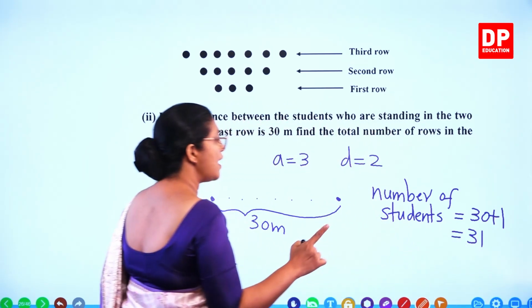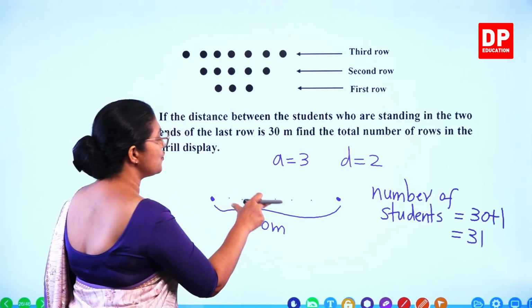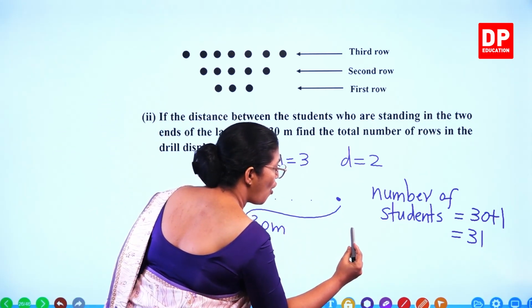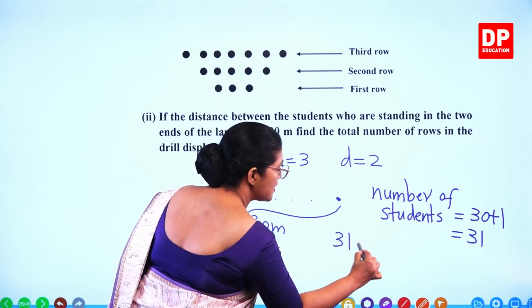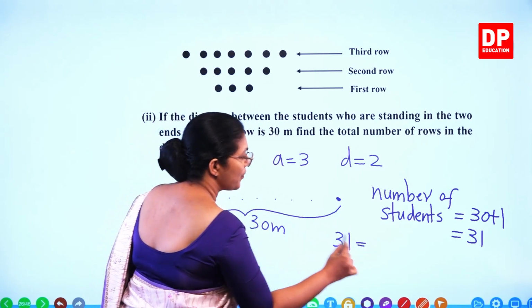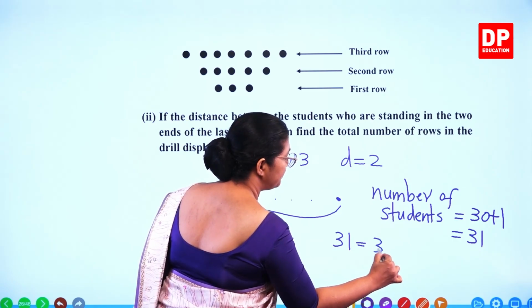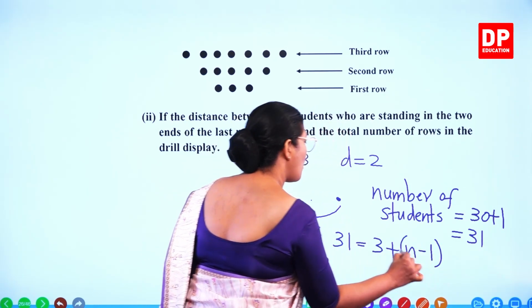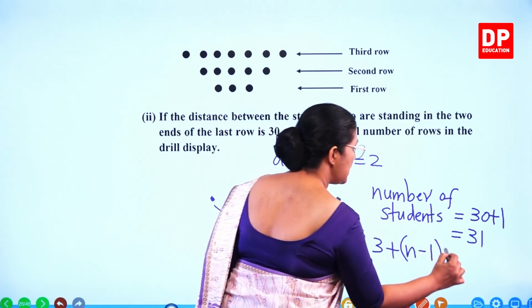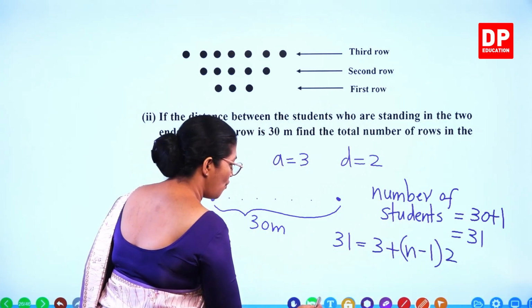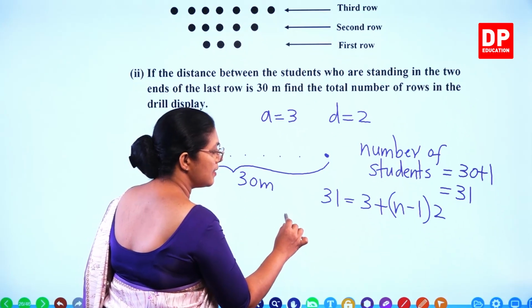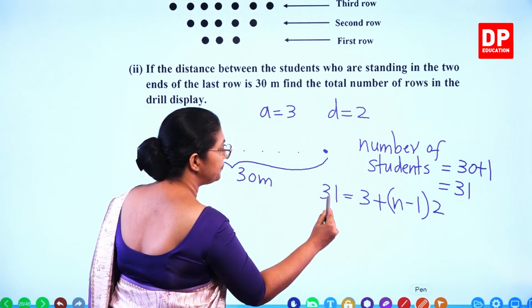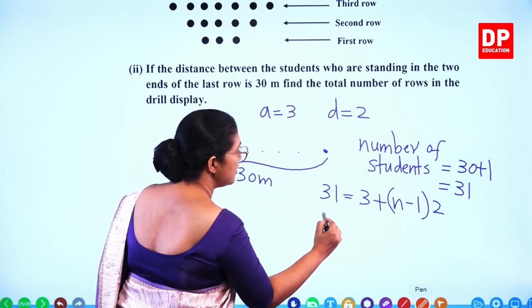Now you can find out what this row is, finding the n value for the row using the Tn formula. 31 students are there in the last row. The first term is 3 and you can use the nth term formula, a plus n minus 1 d, where d equals 2. Find n, that's the last row. 31 minus 3, you get 28.